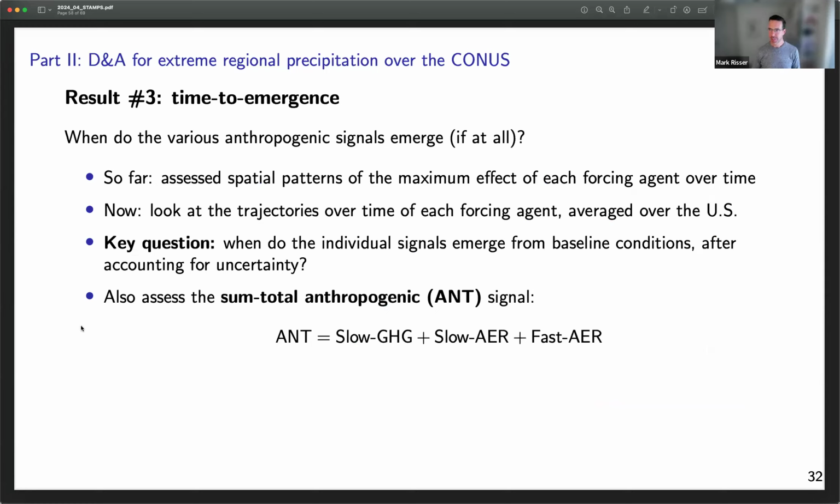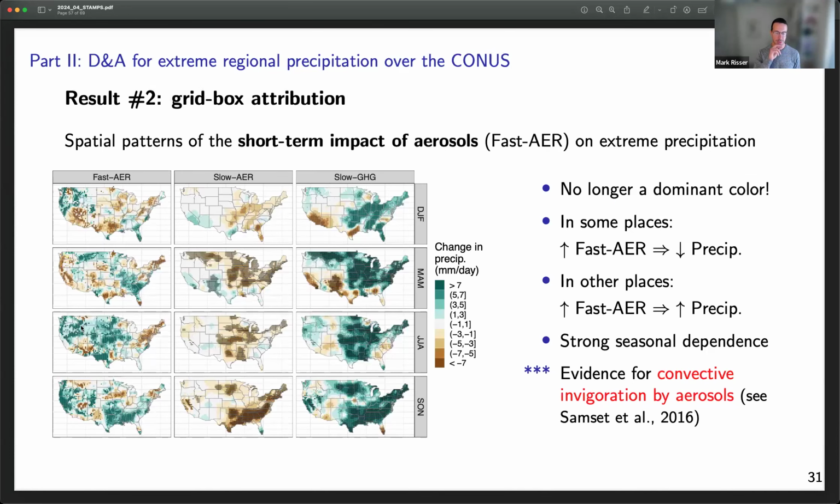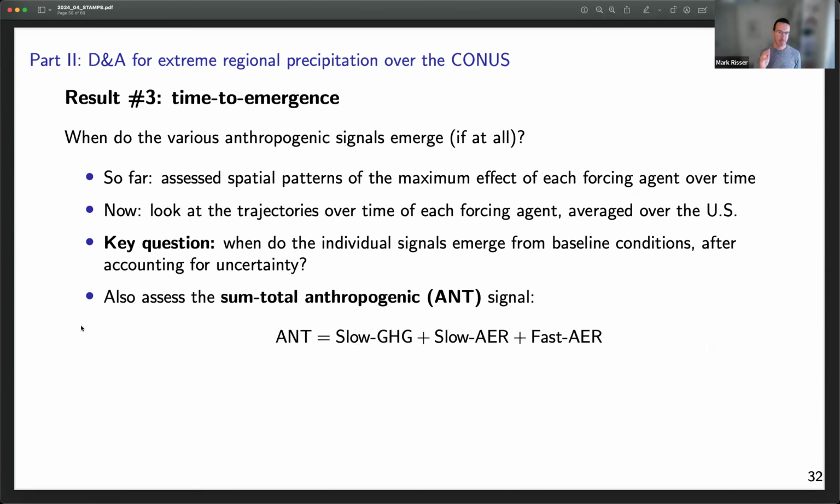Okay, so the last result that I want to share here has to do with this time to emergence question. These maps that I was just showing you were aggregating over time, looking at what's the largest effect of each of these forcing agents. If instead we want to think about emergence, of how these things were evolving in real time, we can look at the precipitation response trajectory of each of these forcing agents.